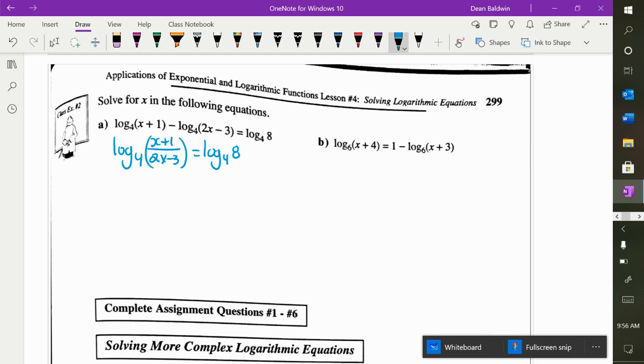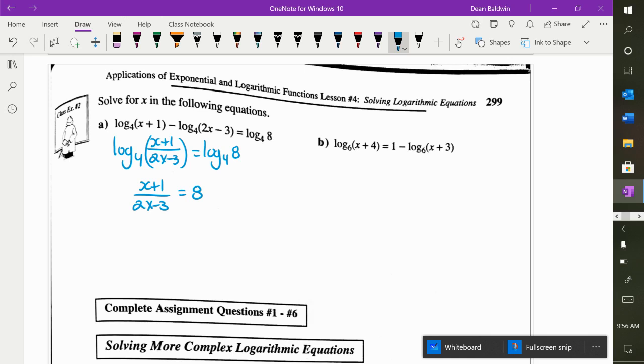Yeah. So because it's a log equaling a log, and they're the same base, essentially you just ignore them and equate the arguments. So I essentially just go x plus 1 over 2x minus 3 has to equal 8 for this to be a true statement. And then you algebra it.